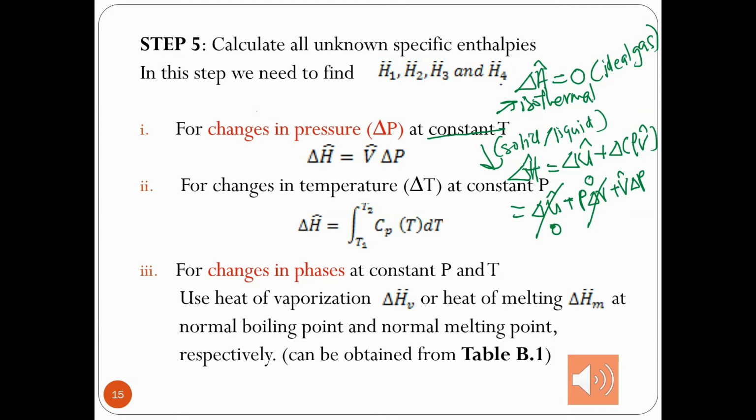At step 5, we need to calculate all the unknown specific enthalpies, all the specific enthalpies that have been listed in the table at step 4, where we need to find enthalpy 1, enthalpy 2, enthalpy 3, and enthalpy 4.